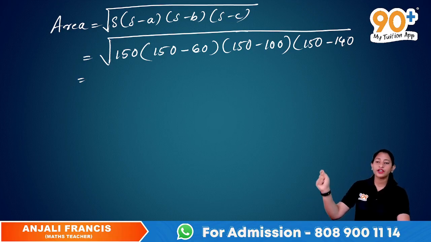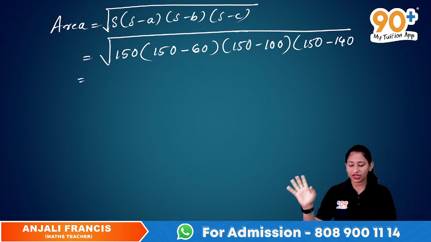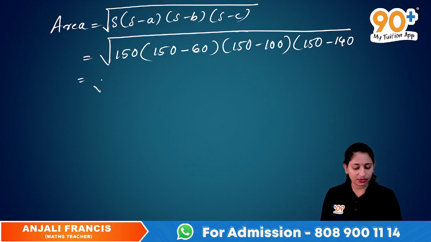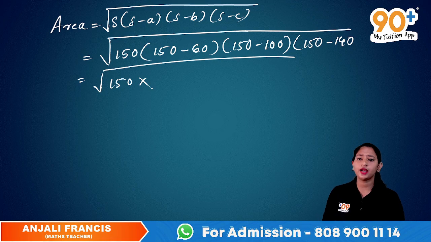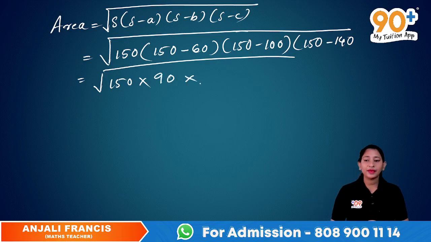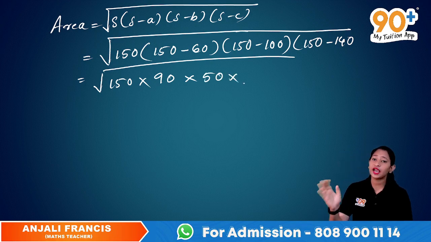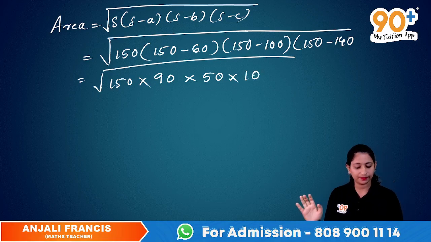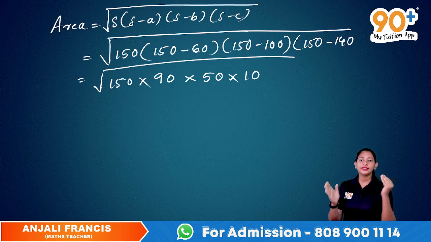So here this will be 150 into 90, right? Into 150 minus 100, it will be 50, into 150 minus 140, it will be 10. So 150 into 90 into 50 into 10 എന്ന് കിട്ടി.